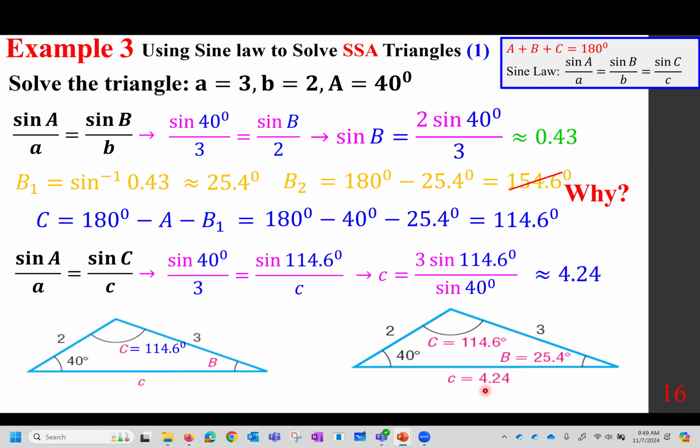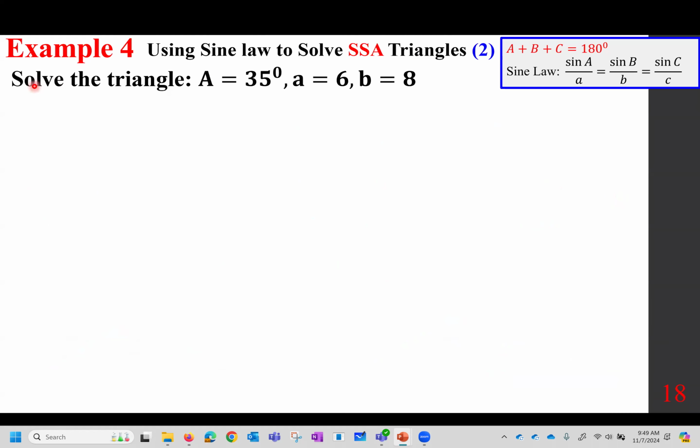Now, example 4. We are continuing with SSA. This is case number 2. Solve the triangle: A is 35 degrees, lowercase a is 6, and lowercase b is 8. Since we have A, a, and b, let's go with this one.